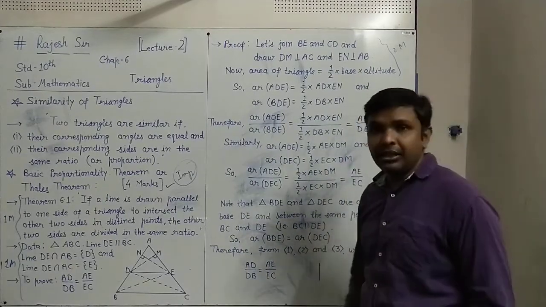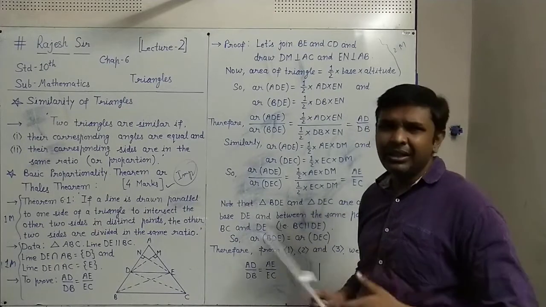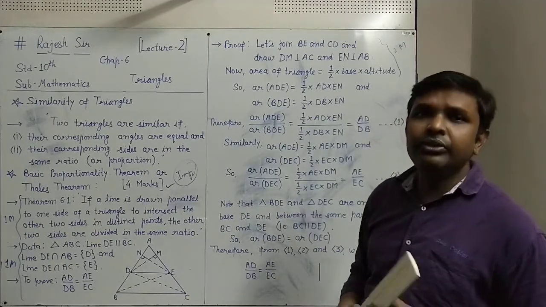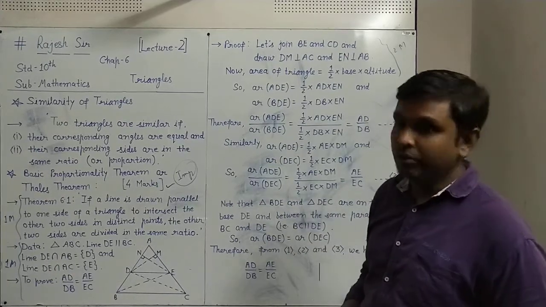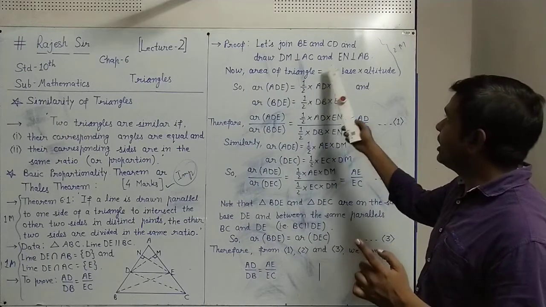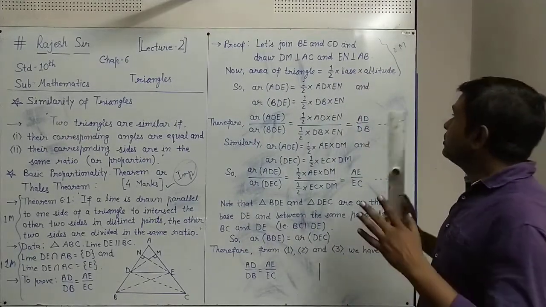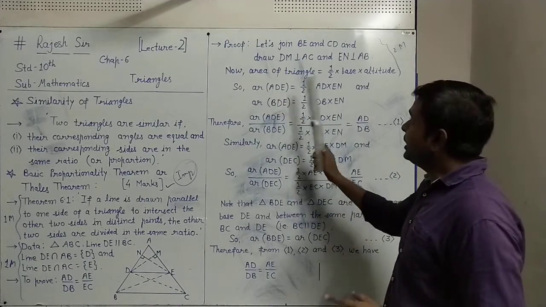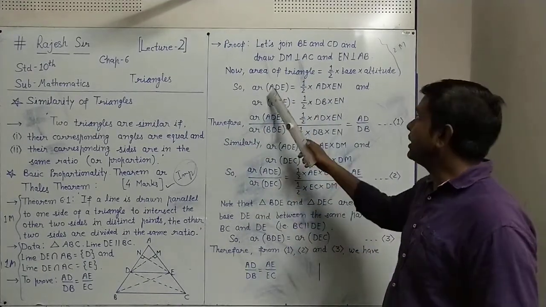Now to prove this theorem, we will use the concept from 9th standard, the earlier classes: area of triangle equals half into base into altitude. So what will be the area of triangle ADE?